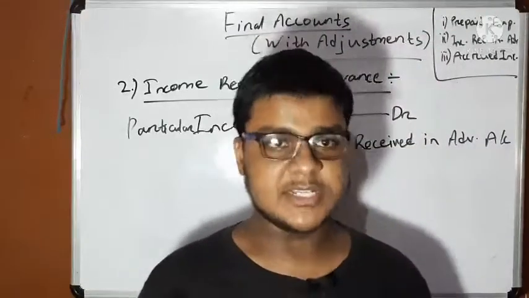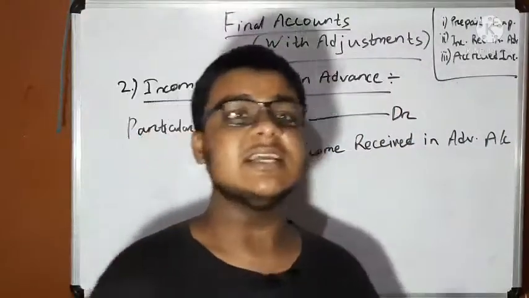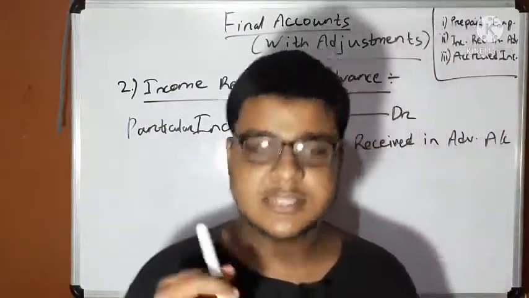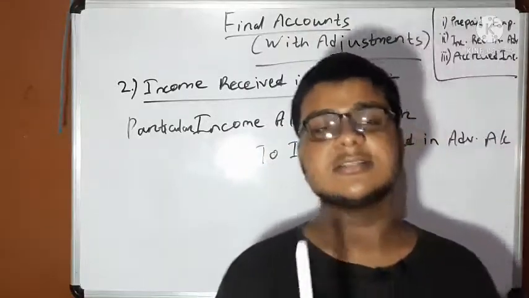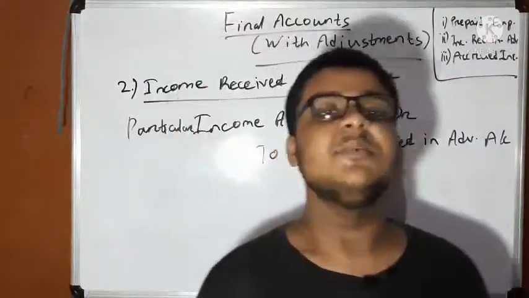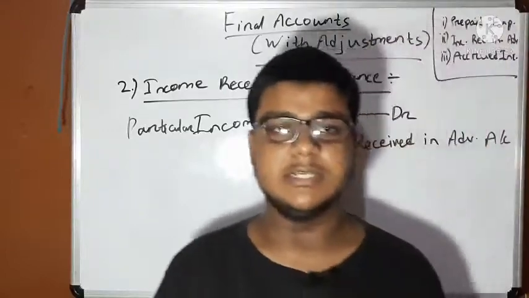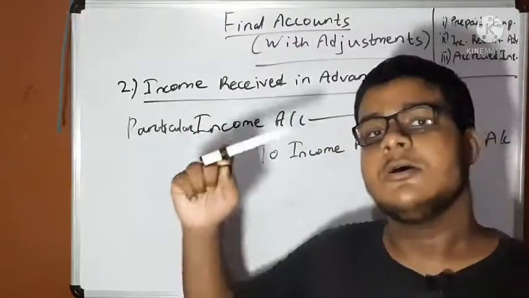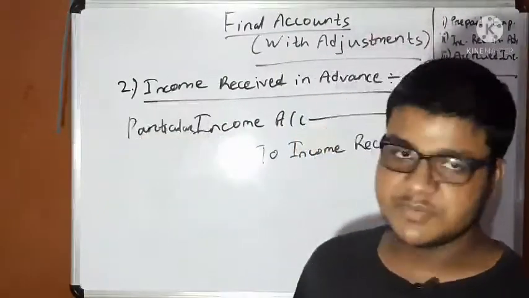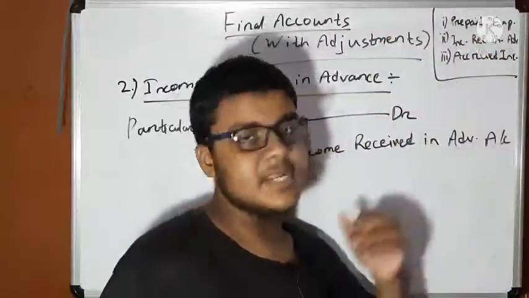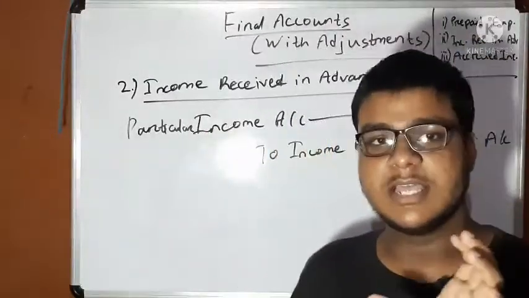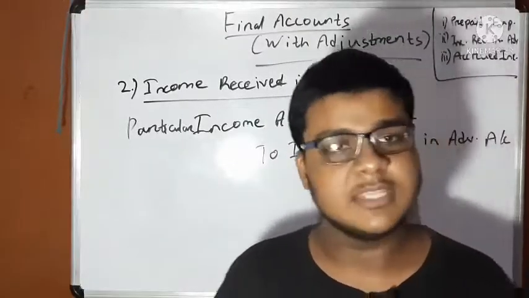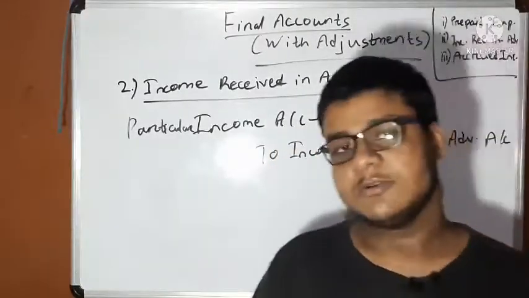When the next accounting period comes, this liability becomes income. So income received in advance is recorded on the liability side. In the previous adjustment, prepaid expenses, we learned that prepaid expenses are deducted to find out the net value of the particular expense.